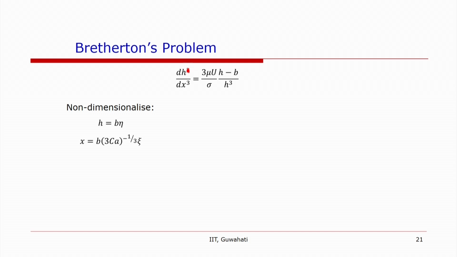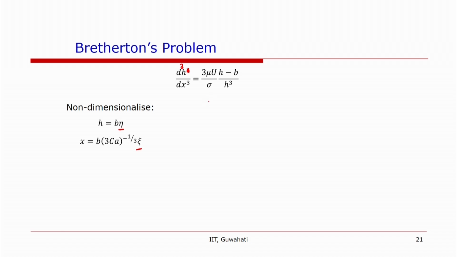This is d cube h over dx cube is equal to 3 mu u into h minus b over h cube. And if we non-dimensionalize it by having two non-dimensional coordinates eta and psi, so h is approximated as b into eta. So let us substitute that here.